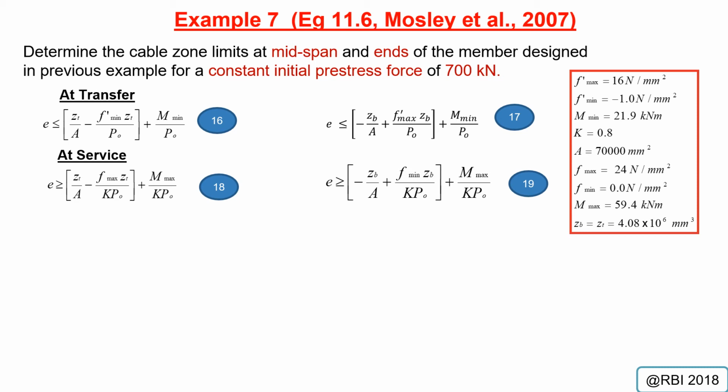Please take note here that, in constructing the tendon profile, one must already determine the pre-stress force value that you want to apply to your pre-stressed beam. So you will have four inequality equations in terms of E as your main parameter, at transfer and also at service.